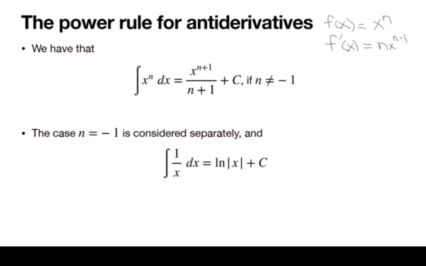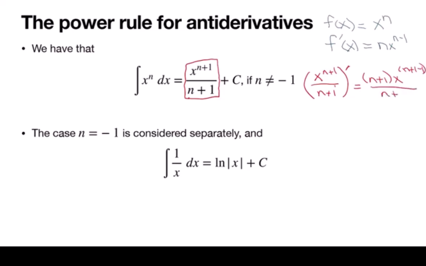For example, if I started here and took the derivative of x to the n plus 1 over n plus 1, I take the exponent and put it in the front, x to the n plus 1 minus 1, divided by n plus 1.